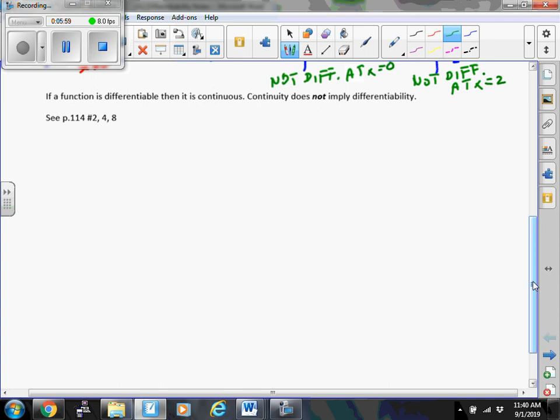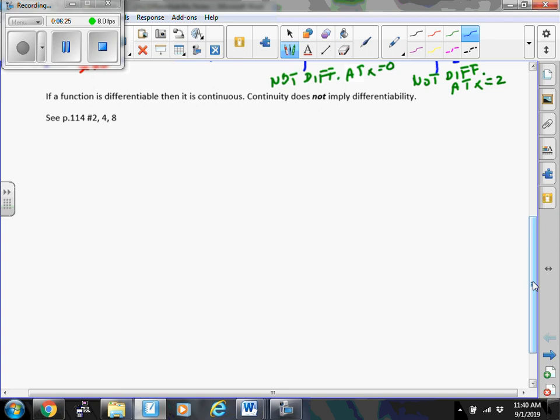There's 2 more types. The next type is a vertical tangent. This is the most commonly misunderstood one. They forget these all the time. They're hard to see too.